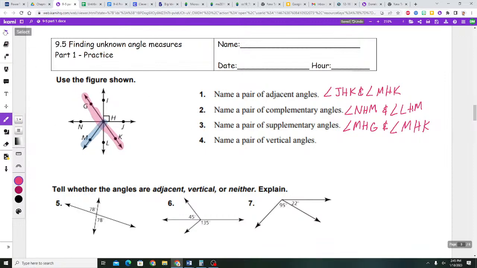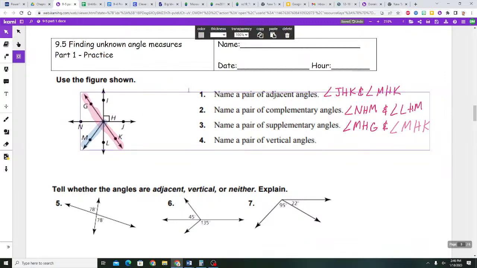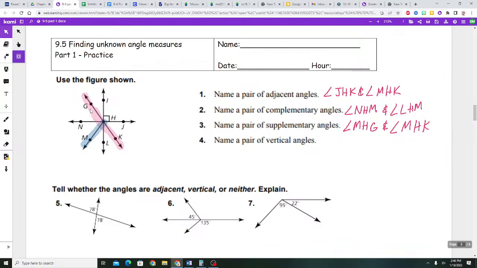The last one is to name a pair of vertical angles. Give me a moment. There we go. Name a pair of vertical angles. I need to find a good old-fashioned X. And the way to find the X, there's several on here.